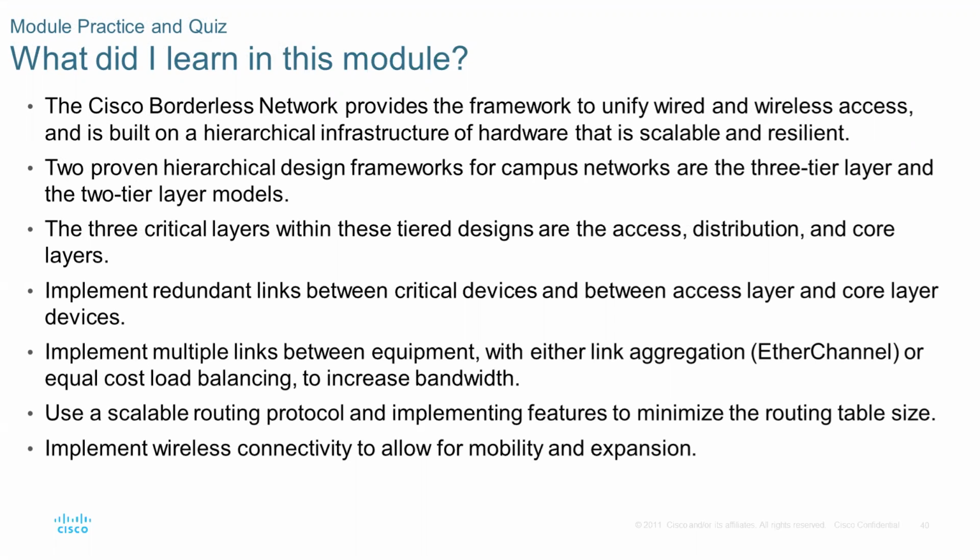So to recap what we just went through, we looked at the basic design principles of hierarchical design using a 3-tier layer model that combines access, distribution, and core as functions.